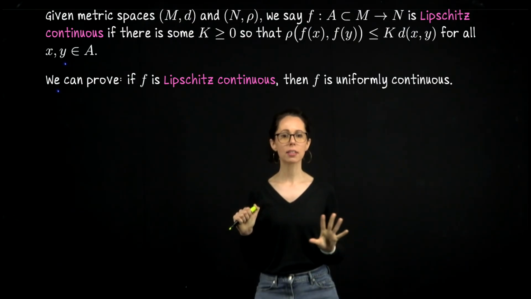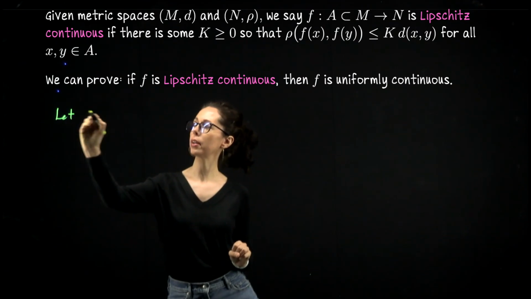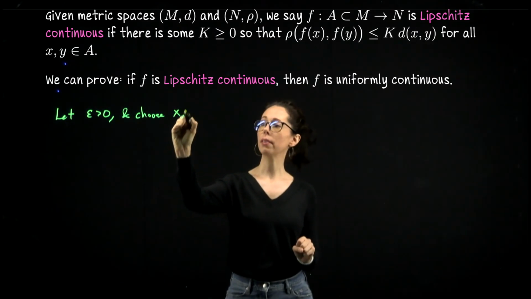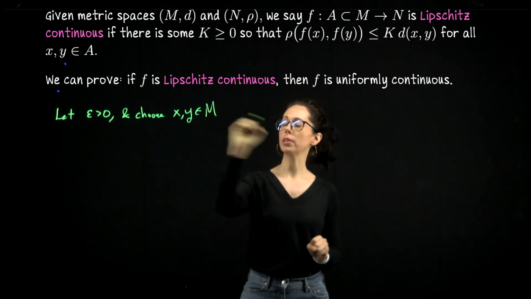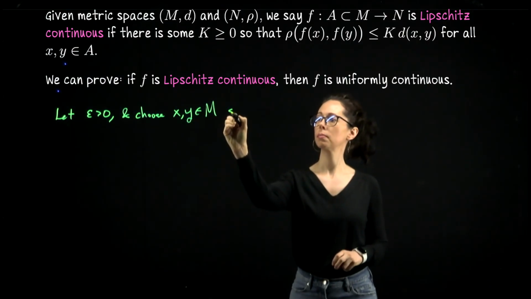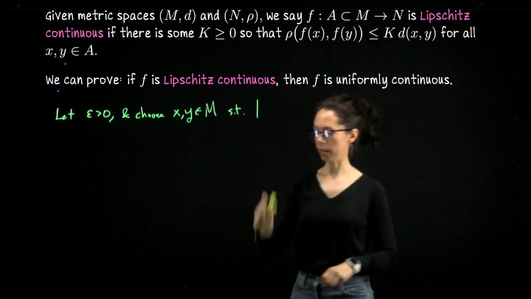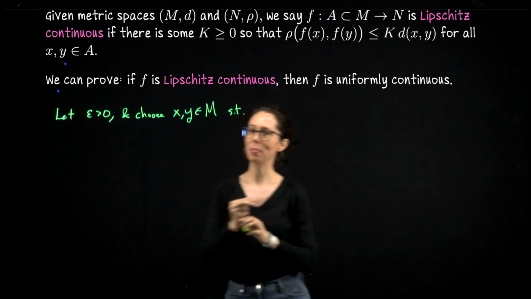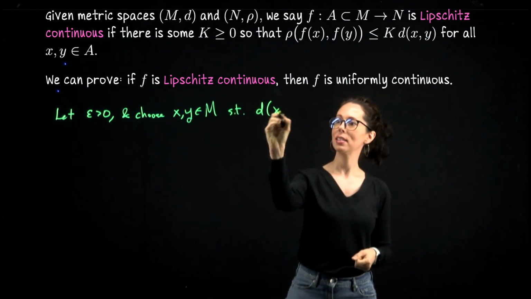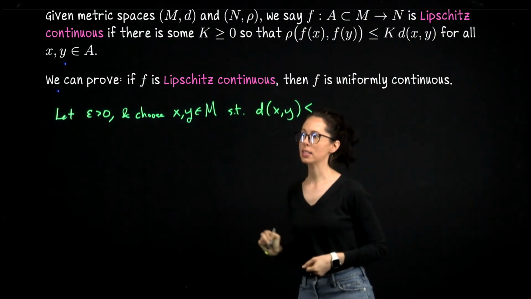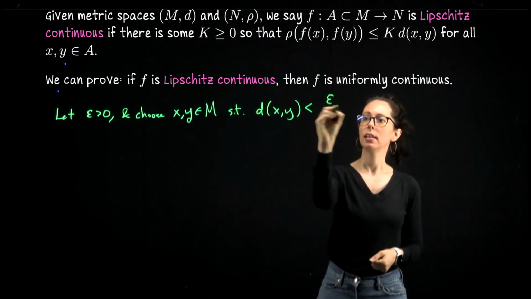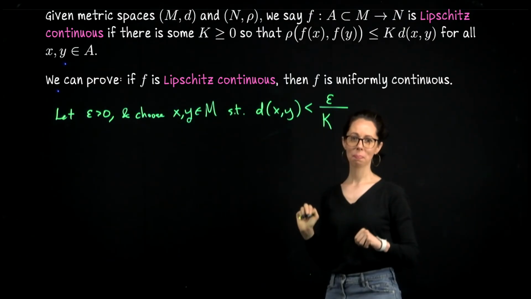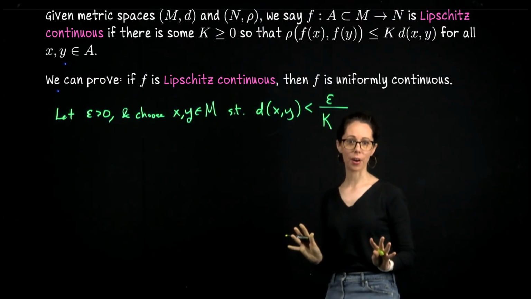The proof is very fast. So let epsilon be greater than 0 and choose any pair of endpoints x and y from the domain so that the distance between them, where I started to write absolute value, but here I'm thinking about a general metric space, the distance between them is less than epsilon divided by, I'm going to be careful here, it's tempting to write k, but technically k could be 0.